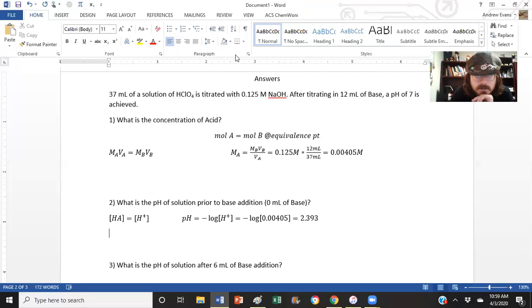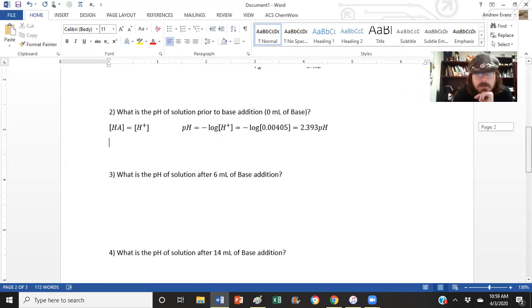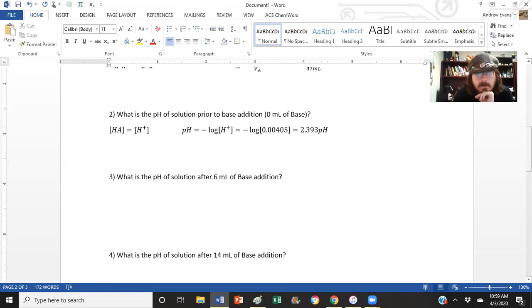There's our pH initially, before I've added any base.